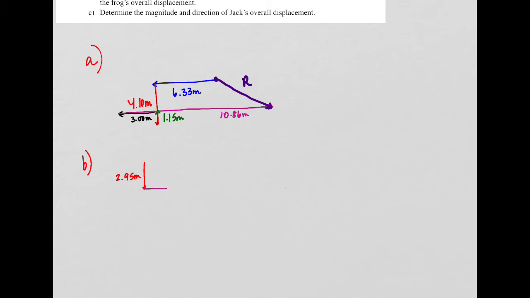So we're going to go this way, 10.86 meters. Now we need to subtract, I guess you could say, 6.33, and then also subtract 3.0.